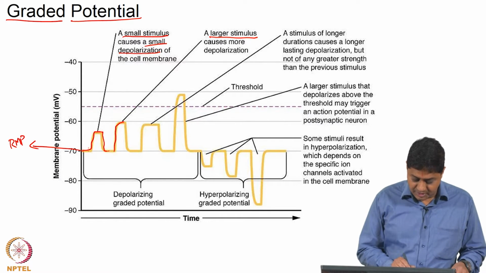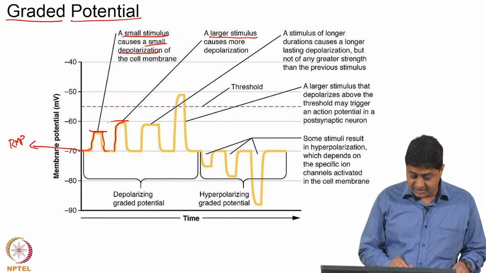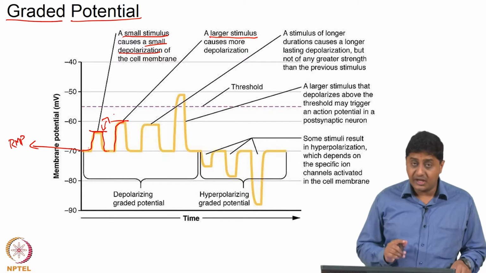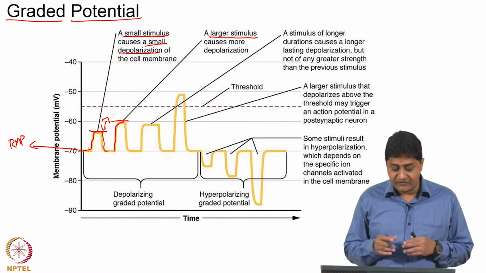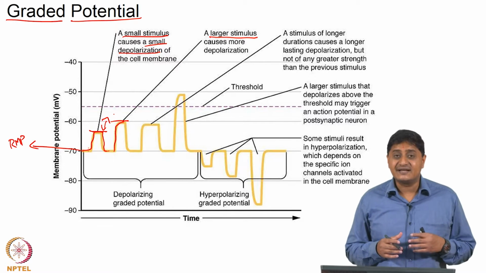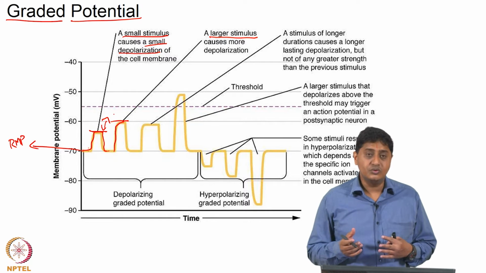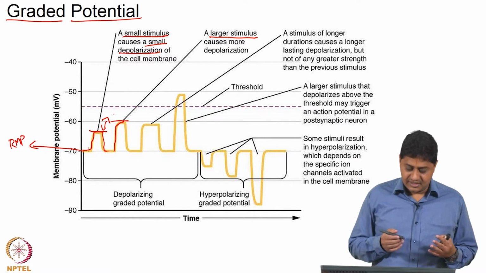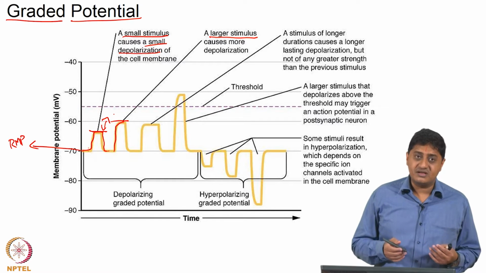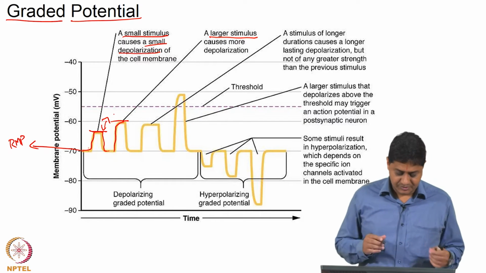A smaller stimulus caused that response earlier and a larger stimulus causes this response. So, depending on the stimulus strength, the response strength also varies. In other words, there is a graded response to stimulus gradations, or basically there is a one-to-one relationship between stimulus amplitude and response amplitude.